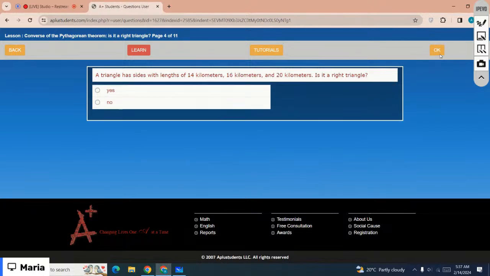The next one is a triangle with side lengths 14 kilometers, 16 kilometers, and 20 kilometers. Is it a right angle triangle? Yes or no? Which is the correct option?